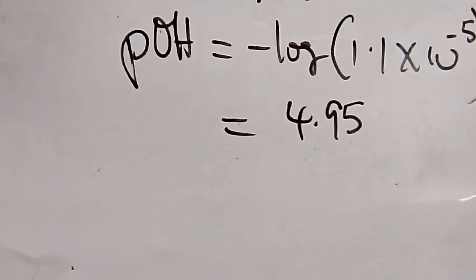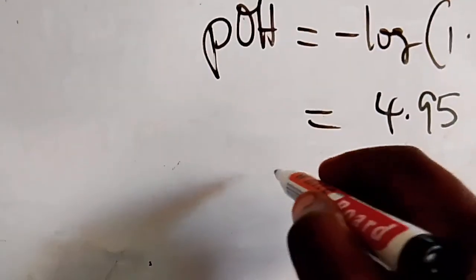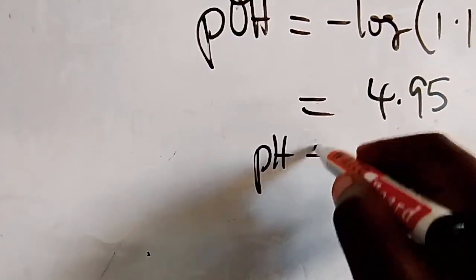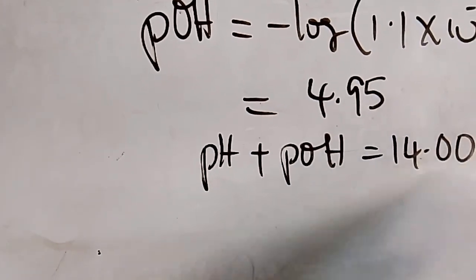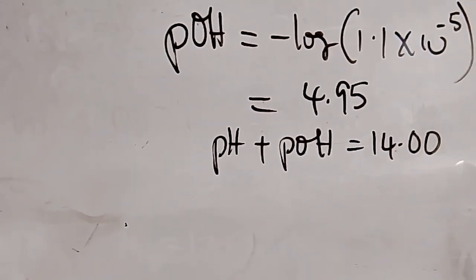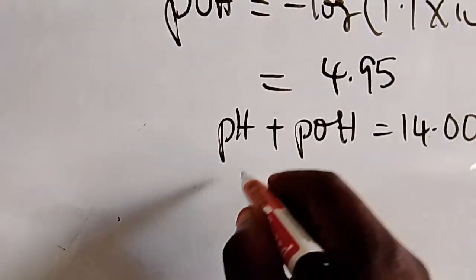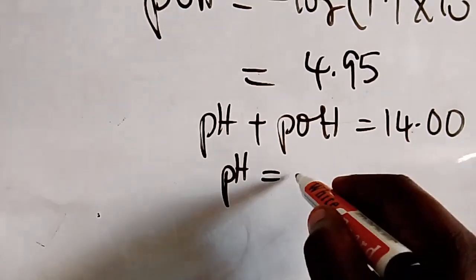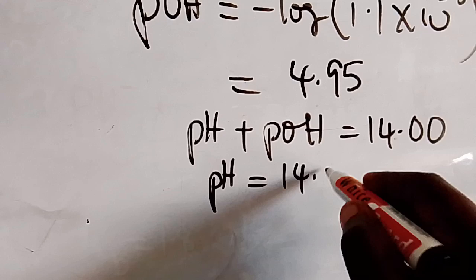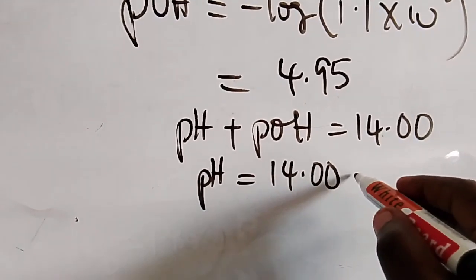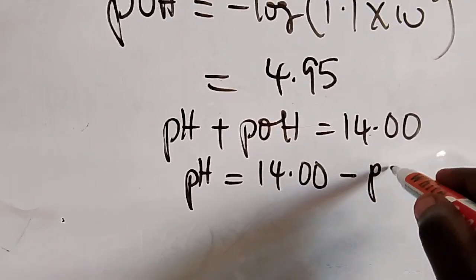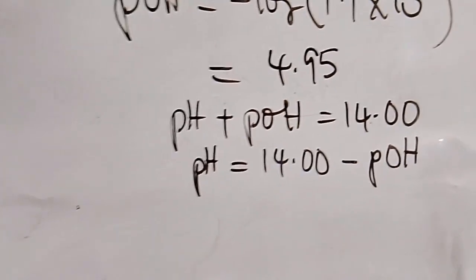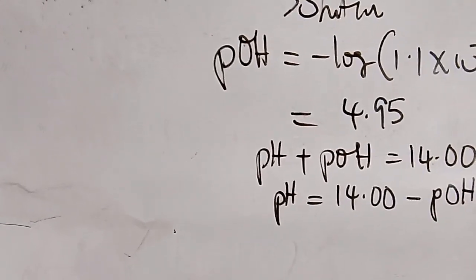Then now we know that pH plus pOH is equal to 14.00. Straight away we can find pH. So pH will equal 14.00 minus pOH.